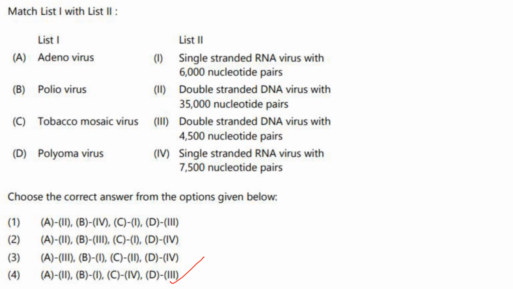Poliovirus is a single-stranded RNA virus with 6,000 nucleotide pairs. Tobacco mosaic virus is a single-stranded RNA virus with 7,500 nucleotide pairs. And polyoma virus is a double-stranded DNA virus with 4,500 nucleotide pairs. So all that sums up to option 4. A2, B1, C4, D3.